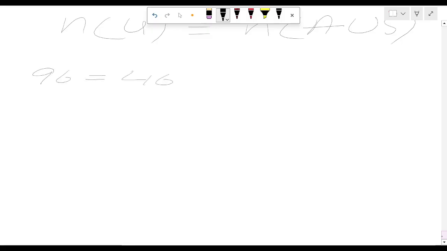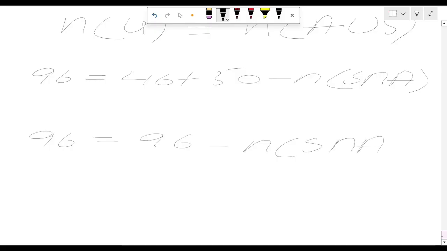96 is equal to 46 being added with 50. Then we have subtracted from N of S intersection A. So 96 will be equal to 96 subtracted from N of S intersection A. What will happen now? This will go to the left, this will come to the right.